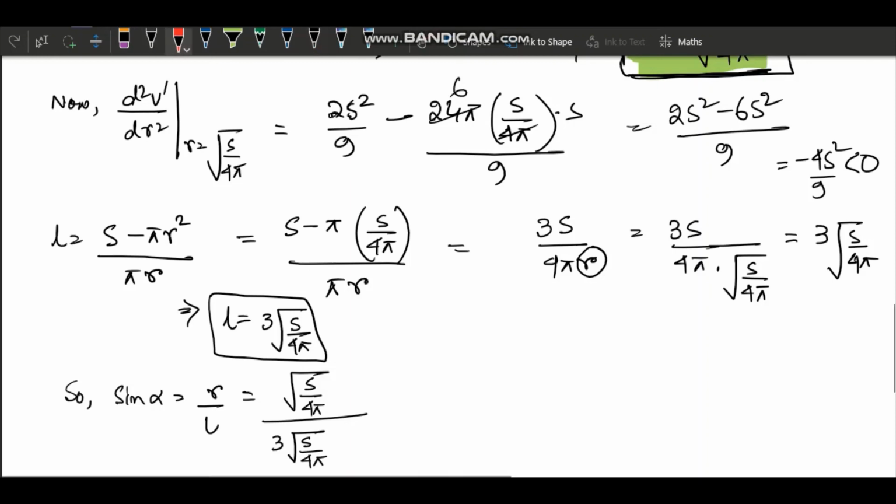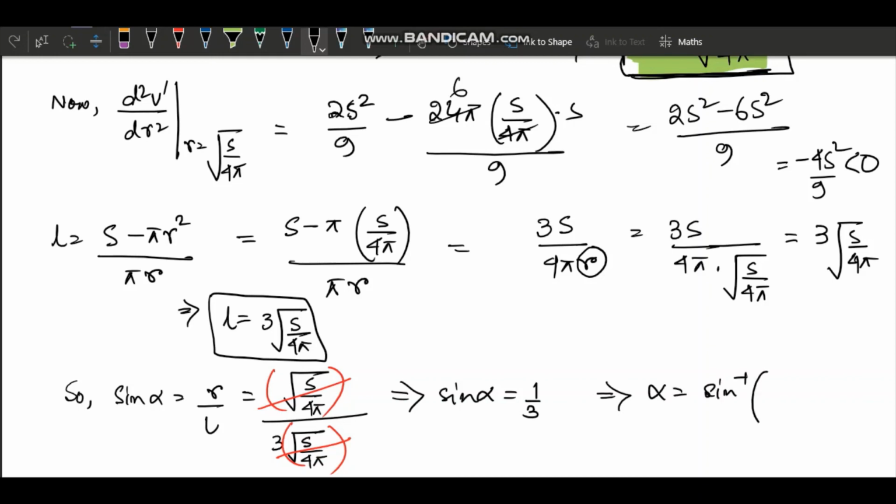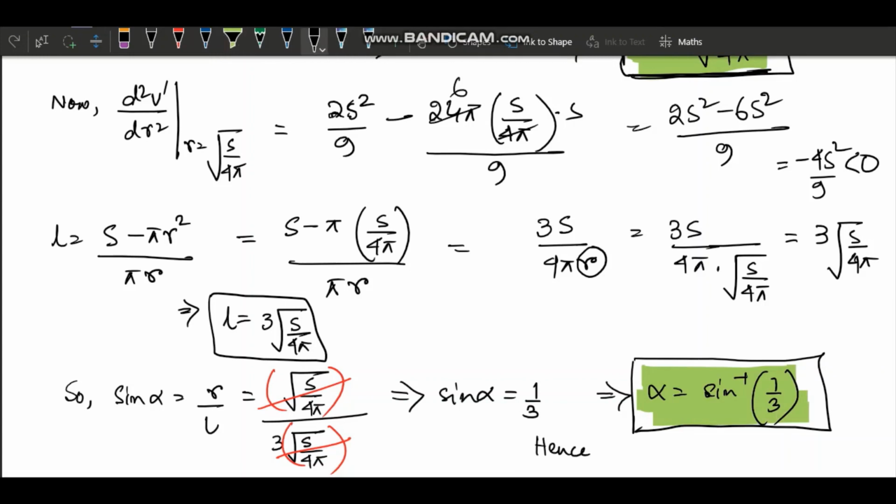So what do we see? We see that root over of s by 4 pi gets cancelled both in the numerator and the denominator, and thus we are getting sine alpha equals 1 by 3. This gives us alpha equals sine inverse of 1 by 3, and this is what we had to prove. So the volume will be maximum only when the semi-vertical angle, that is alpha, is given by sine inverse of 1 by 3, and hence we have proved this.